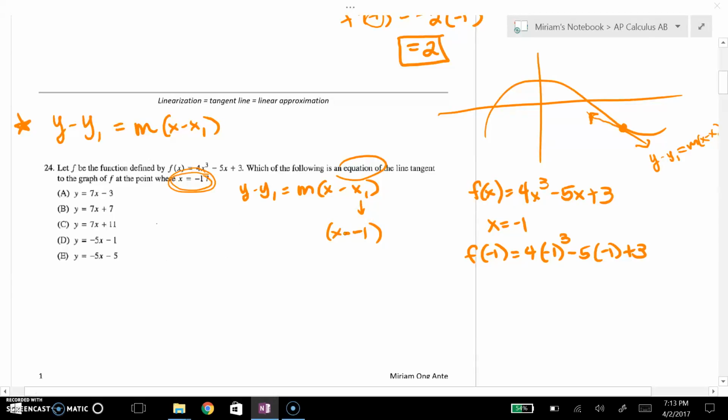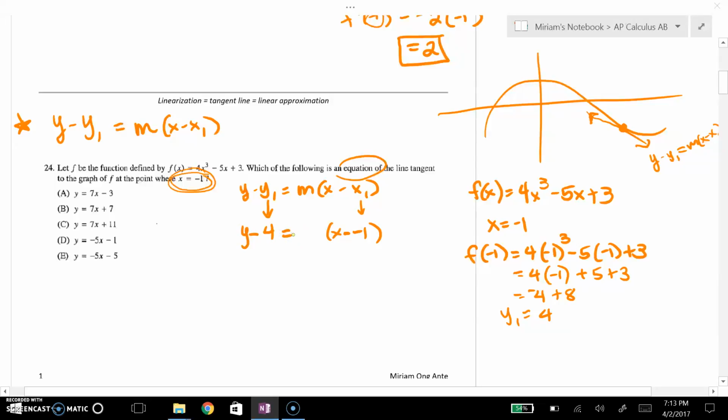So I'm going to plug in -1 and solve. That's going to be 4 times negative 1 plus 5 plus 3. It's going to be negative 4 plus 8. That's going to be 4. So this is my y1. That's going to go into here. So I have y minus 4 equals.